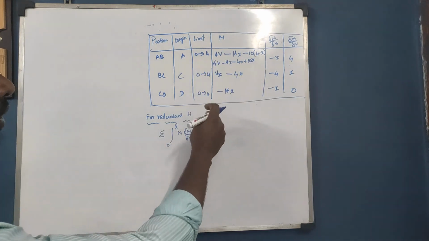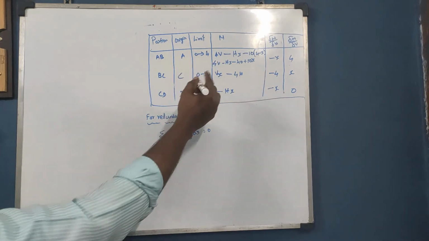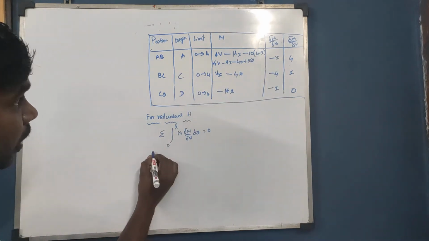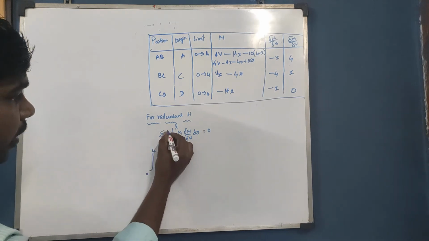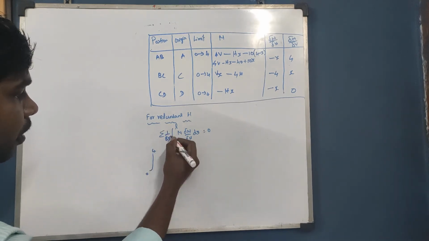So here we have three portions. For the first portion, limit is 0 to 4. Sorry, it is 1 by EA.